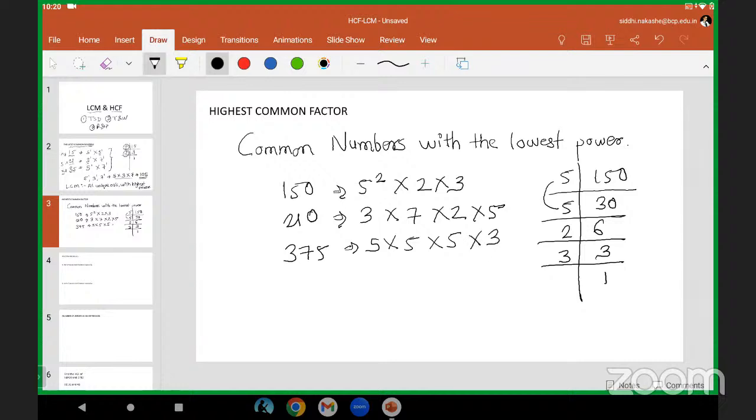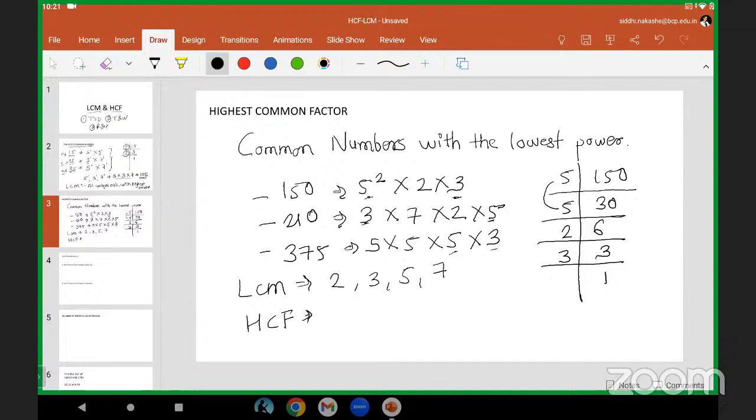Now, how many common numbers do we have? In LCM, we select every number. If we select every number, then all the numbers will be 2, 3, 5, 7. But when we are talking about HCF, we have to select only those numbers which are common in all three numbers. If you look at the numbers, 3 and 5 here, here also 3 and 5, here also 3 and 5.